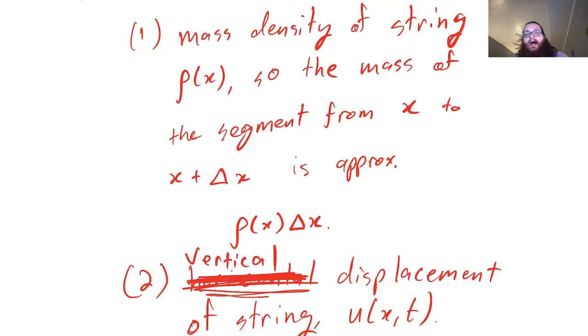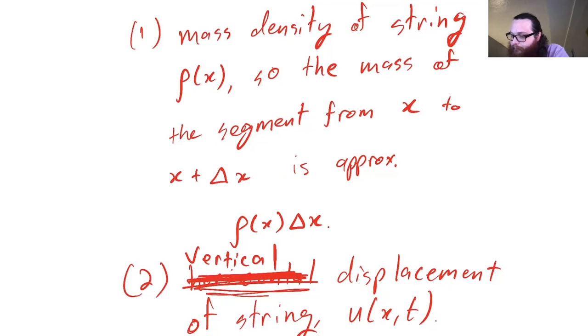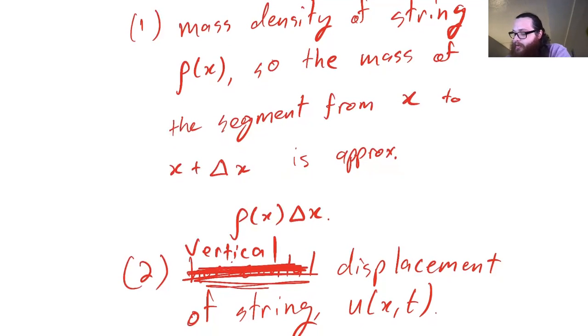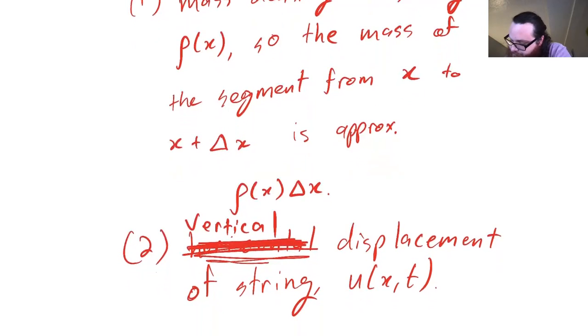So maybe higher mass means the motion of the string is slower, and that should show up in the wave equation as well. So these are the pieces we'll need.